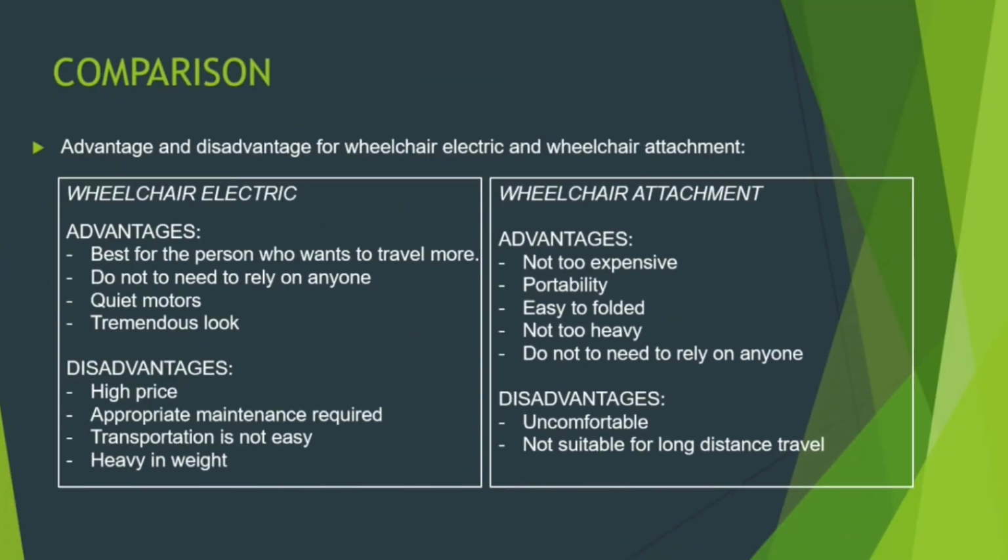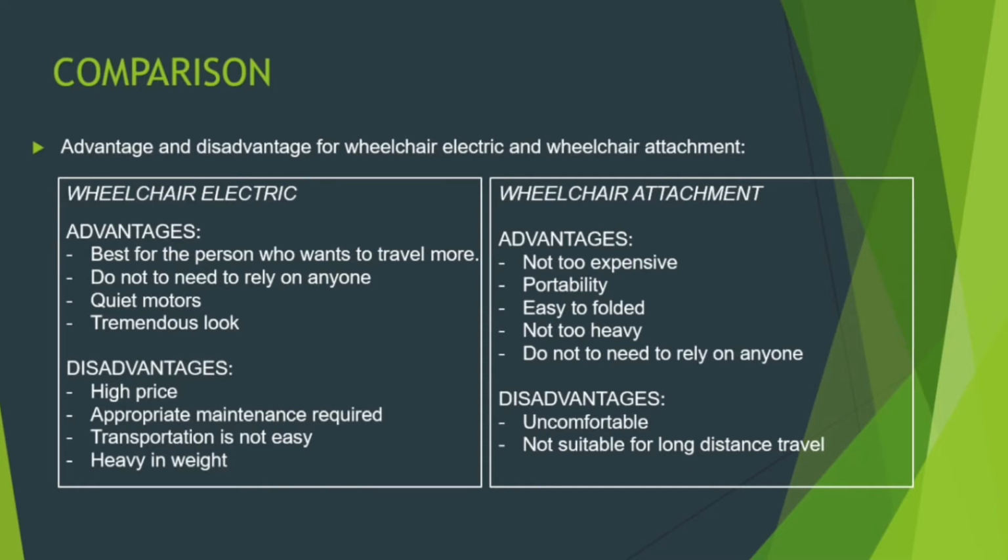Comparison, advantage and disadvantage for wheelchair electric and wheelchair attachment. Wheelchair electric advantages: best for the person who wants to travel more, does not need to rely on anyone, quiet motor, and tremendous look. Disadvantages: high price, appropriate maintenance required, transportation is not easy, and heavy and weak.